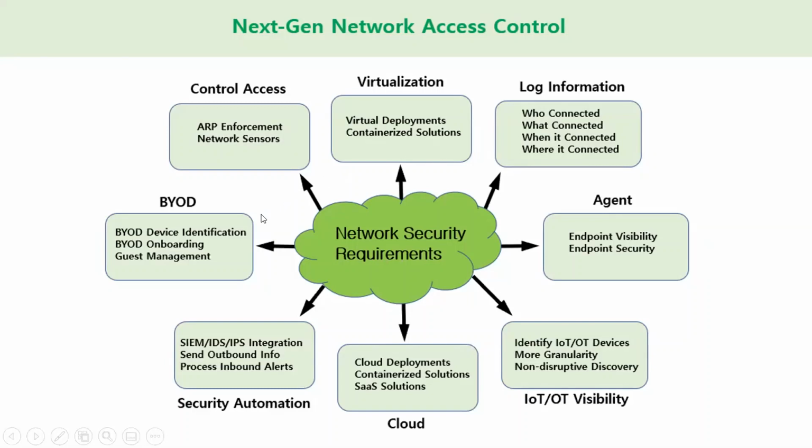The BYOD phenomenon, of course, came along, so onboarding and guest management had to be taken care of. Agents were added for endpoint visibility and security. Security automation that we just talked about was added. Cloud management options were added. And of course, the ability to identify IoT and OT devices, so more granular fingerprinting.